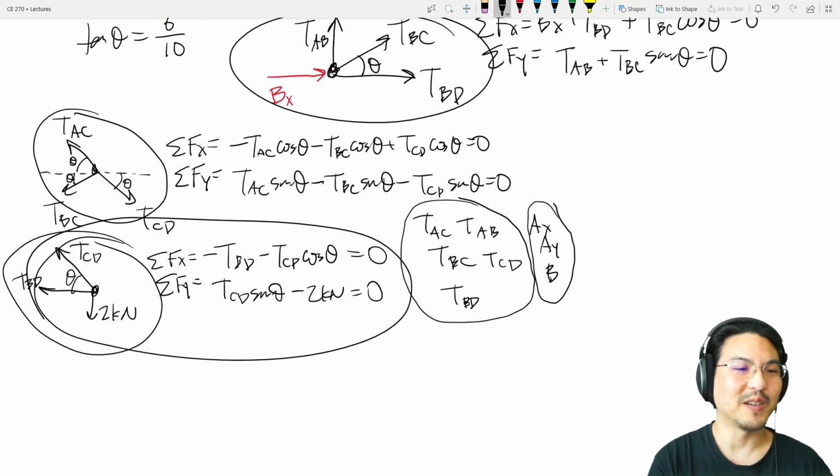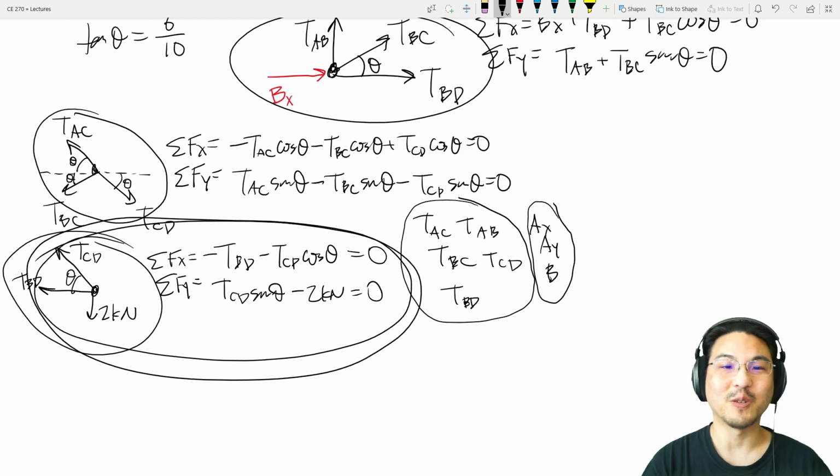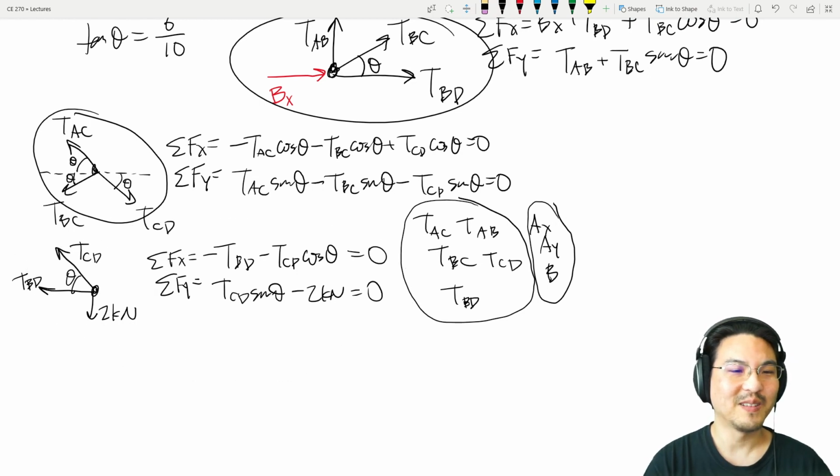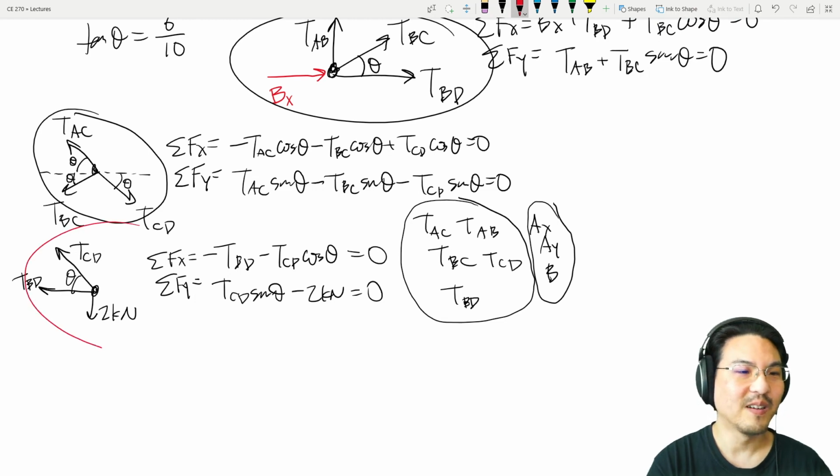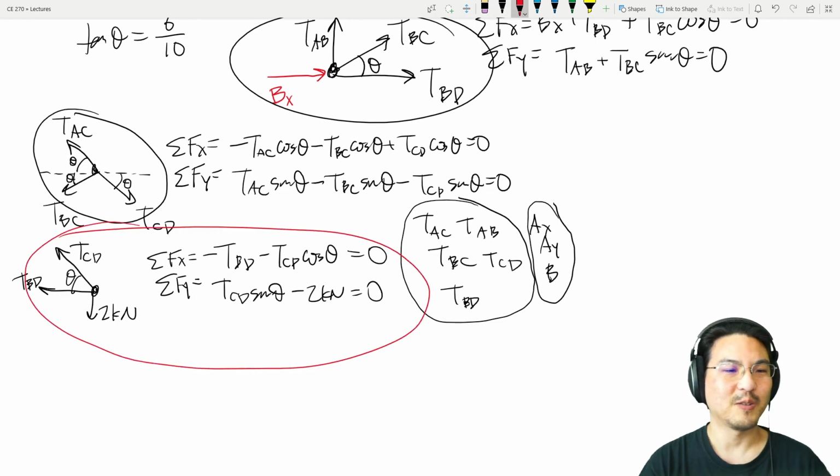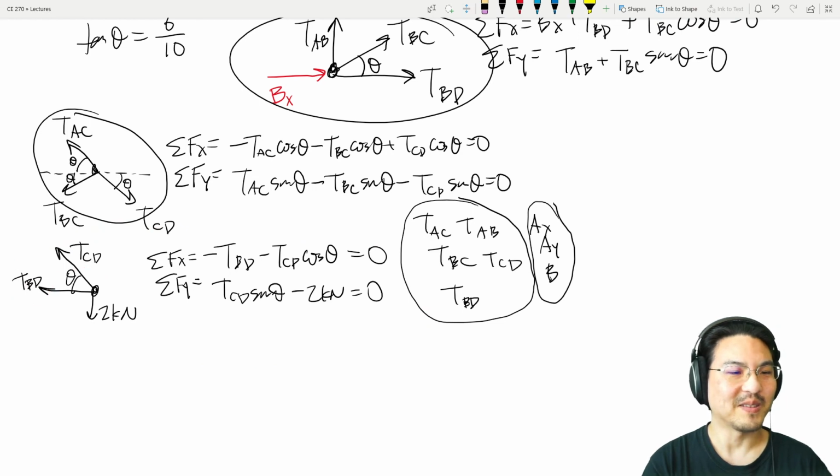It has 2 unknowns, and we have 2 equations, which means if you start here, 2 equations, 2 unknowns, means you know both T_CD and T_BD. You have both of them. So you have the answers, CD and BD. So these are known once you solve these 2.